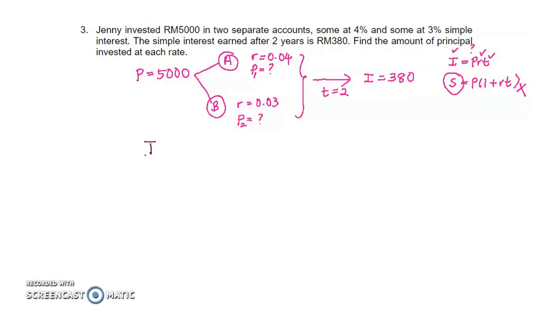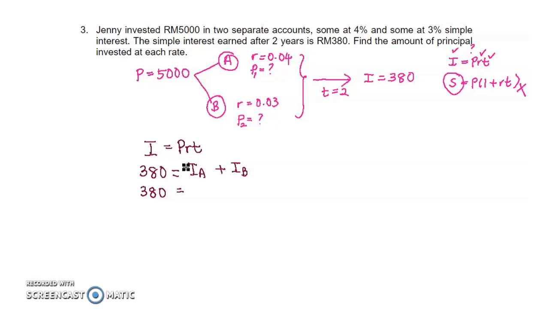We know that the amount of interest earned just now is 380. That 380 comes from these two accounts. So this 380 comes from the interest from bank A plus the interest from bank B. We know that the interest from both accounts is 380. How do we calculate interest?